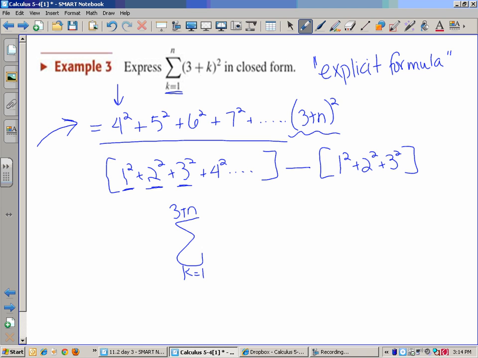That's my last term. So instead of saying n, I want it to end at 3 plus n, so I'm going to change the n on top to a 3 plus n, because that's what this formula is saying. And so that means I have to add in these extra terms. Well, I can fix that by just subtracting them here.